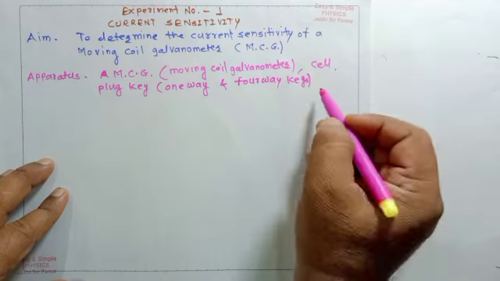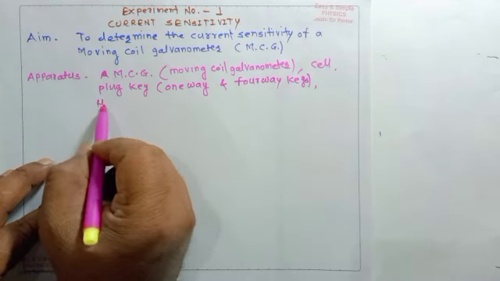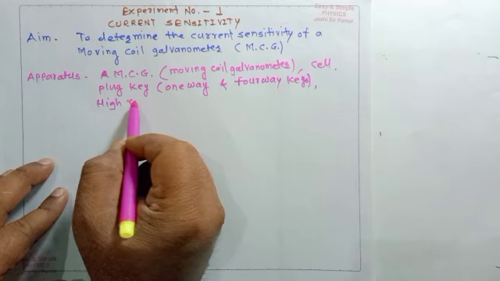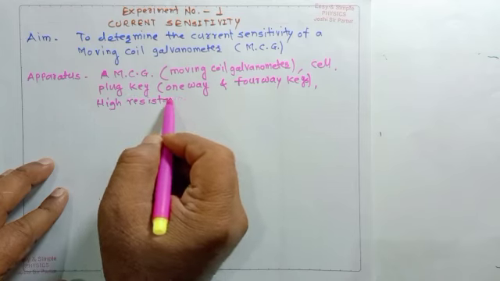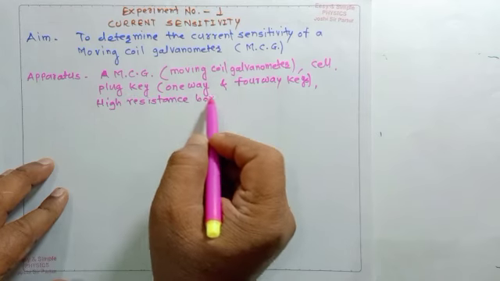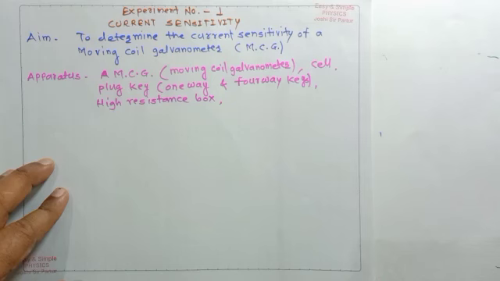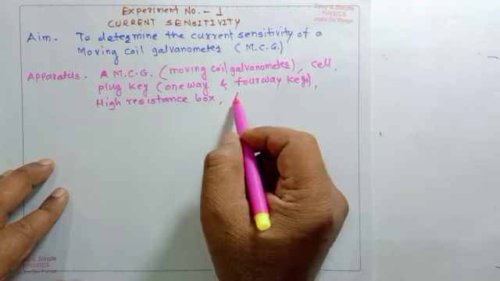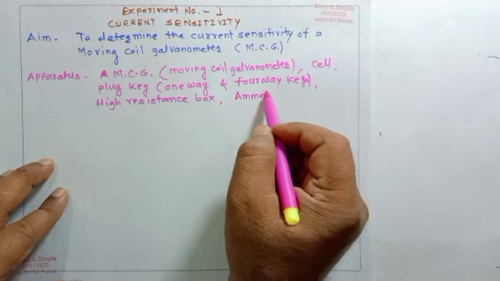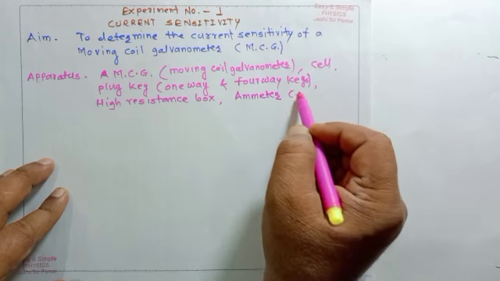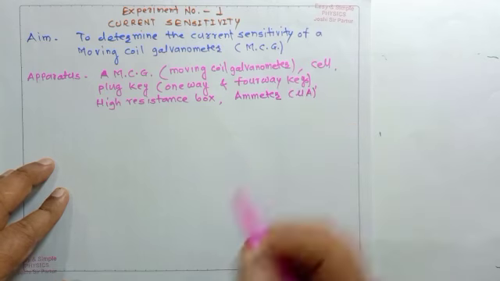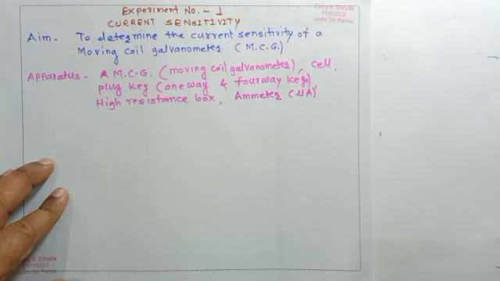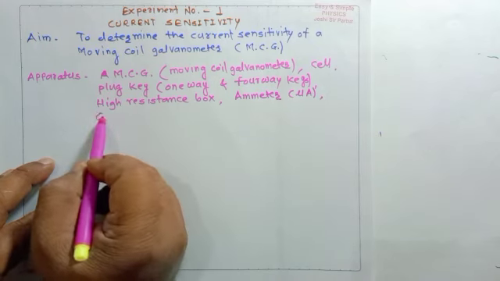Then it consists of a high resistance box, an ammeter, which is measured in microammeter or microampere, and a galvanometer.